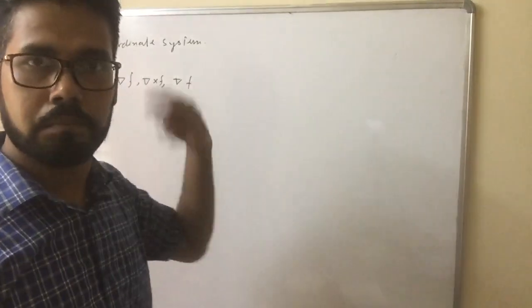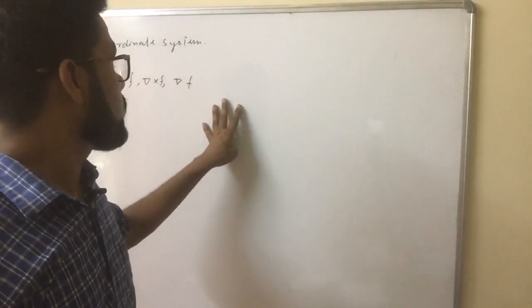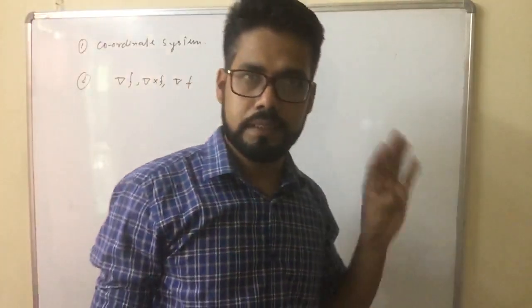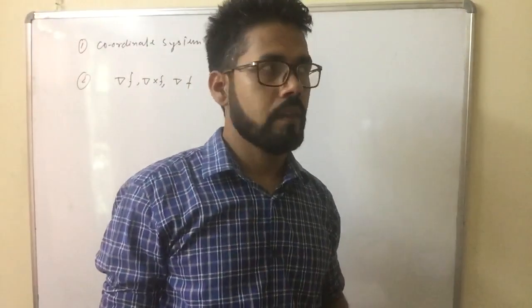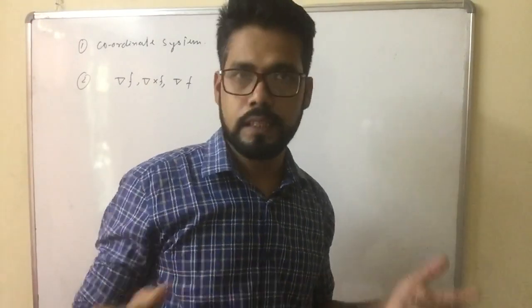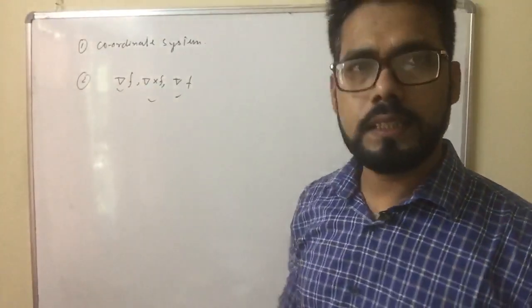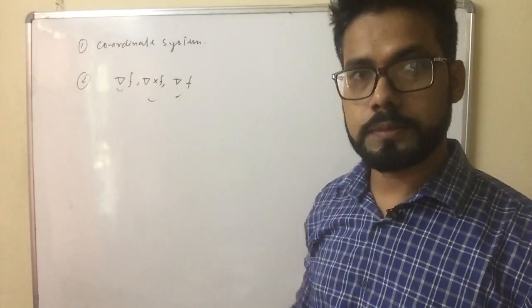And the meaning of that t parameter, and this is vector calculus. This part is the basic understanding of coordinate systems, specifically spherical and cylindrical, and divergence, curl and gradient in these coordinate systems.